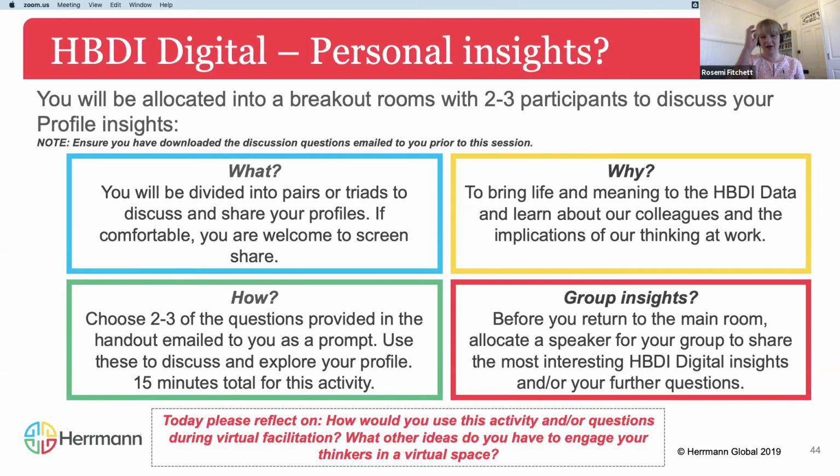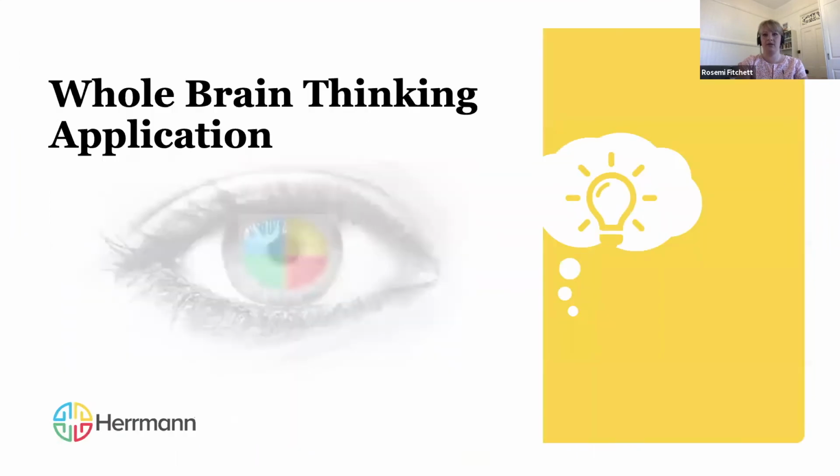I've modeled quite a few different types of activities, and I've tried to share insights into how I facilitate virtually and how I try to engage the different thinkers and the different strategies that we can use. In a normal group, where I would be heading now is the why again. Sorry, not the why so much as the application. So, back to the reason we were in the workshop and what we were trying to do.